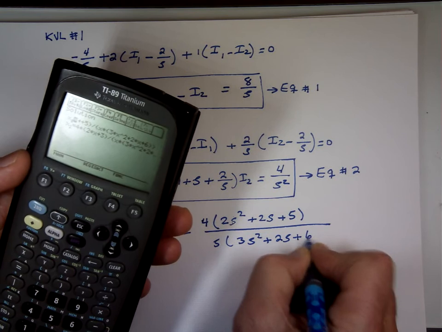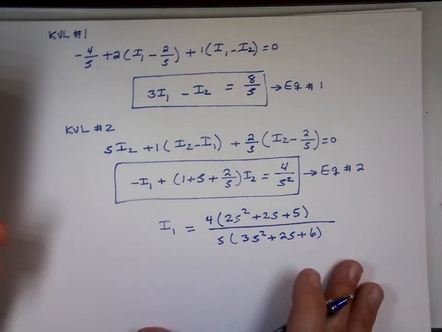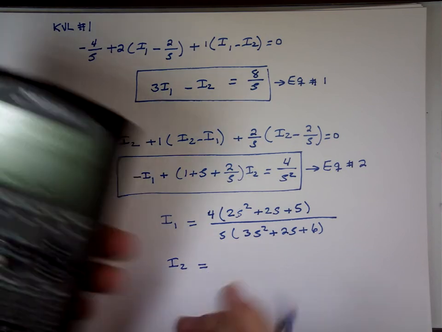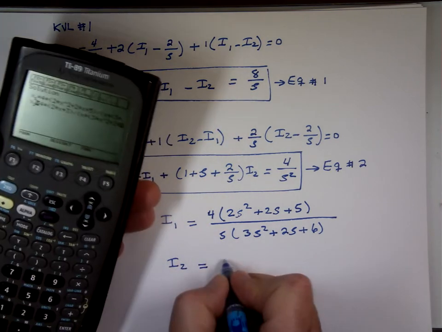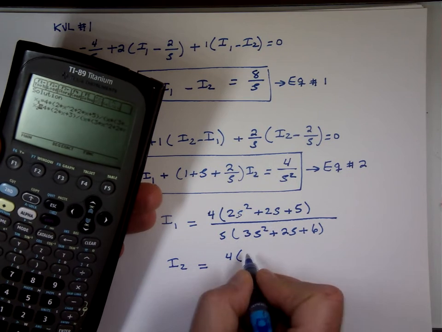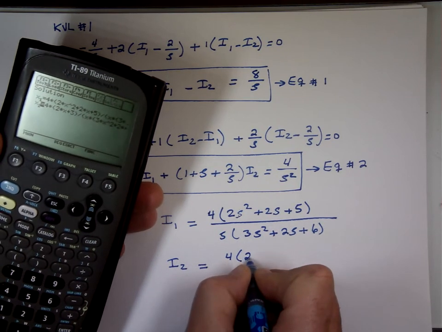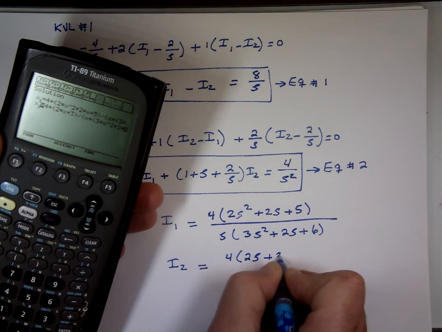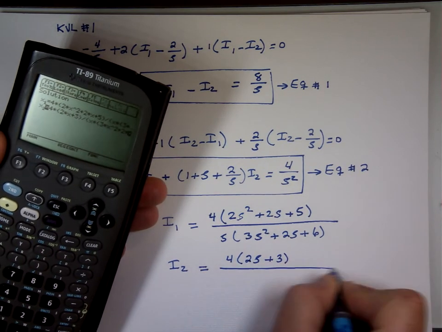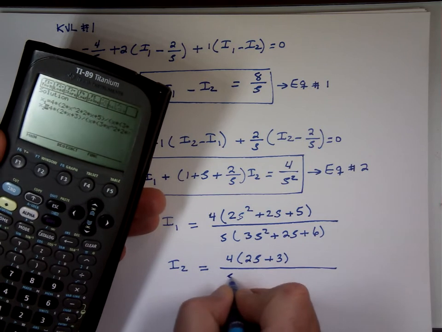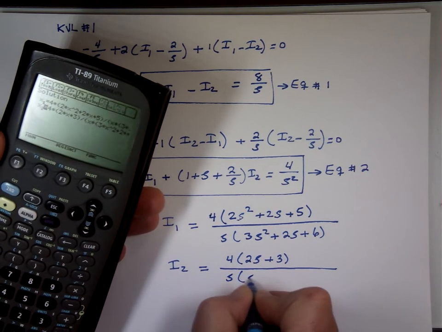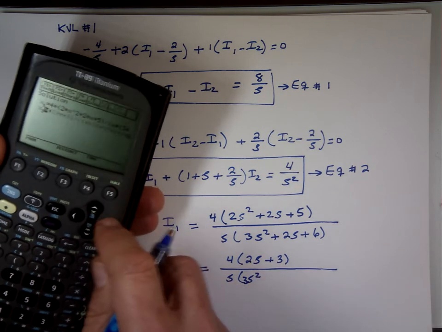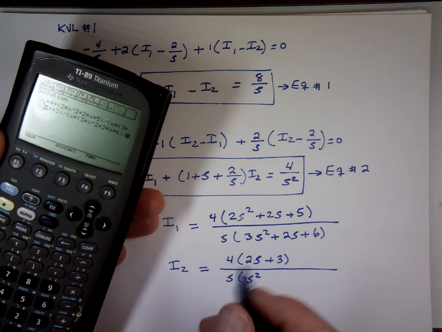Yep. And I sub 2 is equal to 4 times 2s plus 3, I think, over s times 3s squared plus 2s plus the 6.